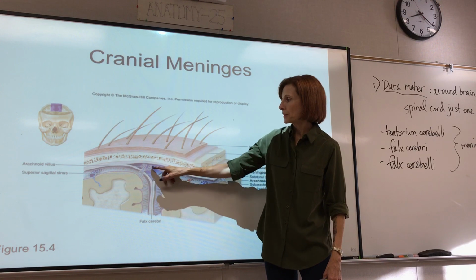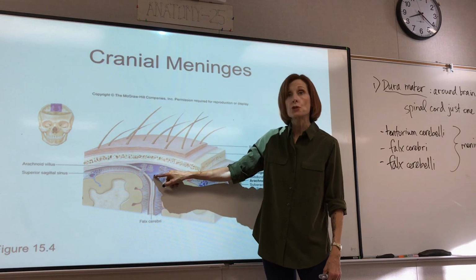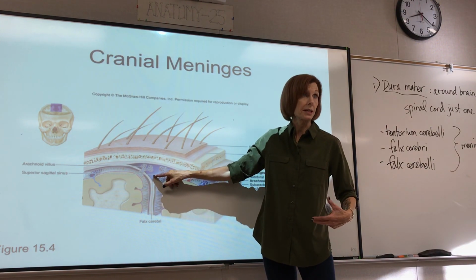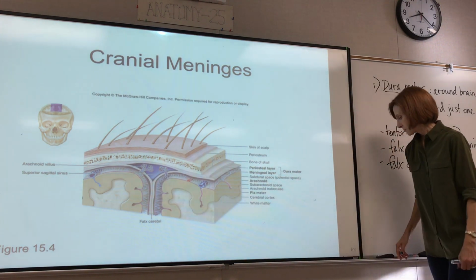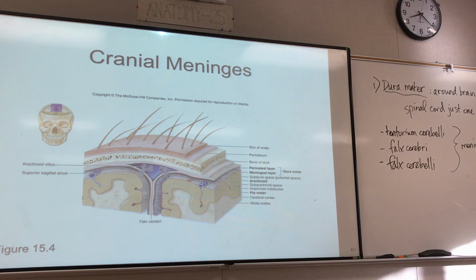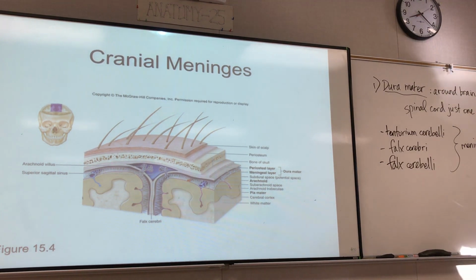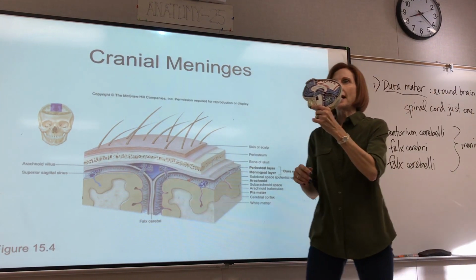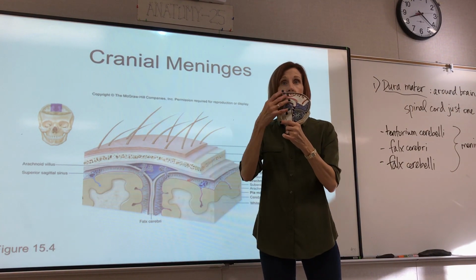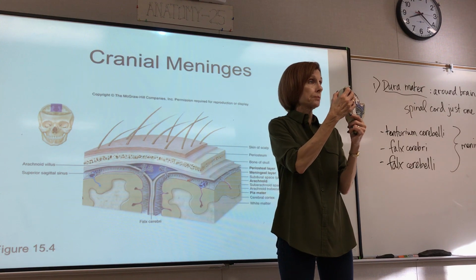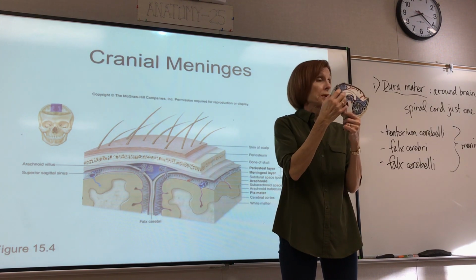These are the arachnoid villi, and that space, again shown in blue, is the superior sagittal sinus. Okay, so you can see all of that on this model. This model is for the layers of the meninges and the spaces between them. It shows you the flow of cerebrospinal fluid.